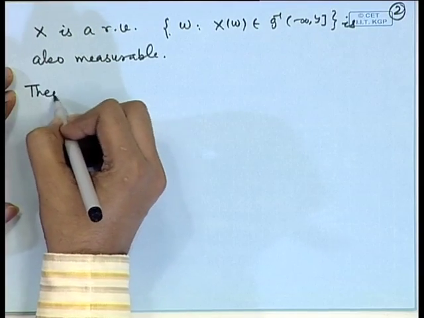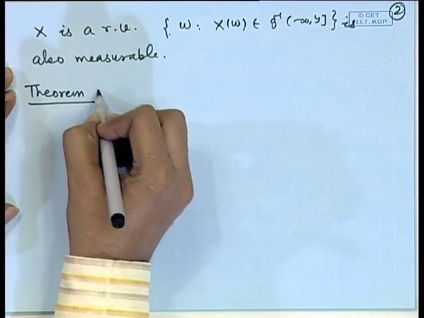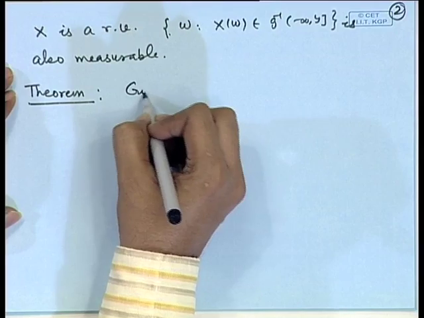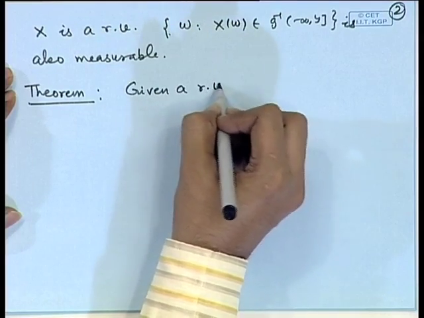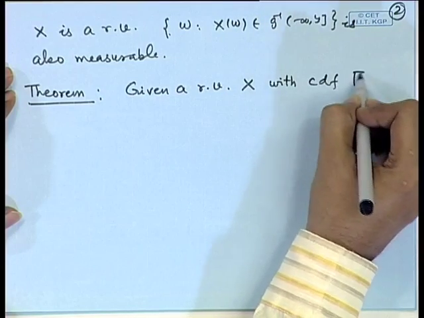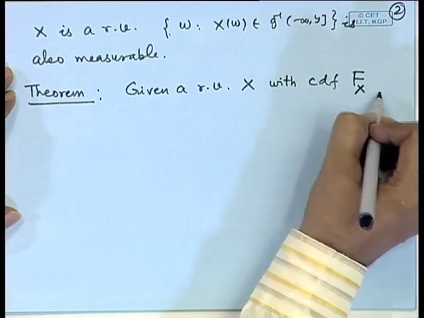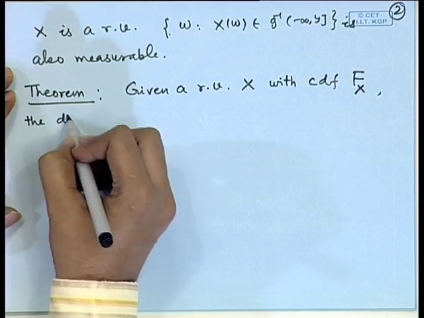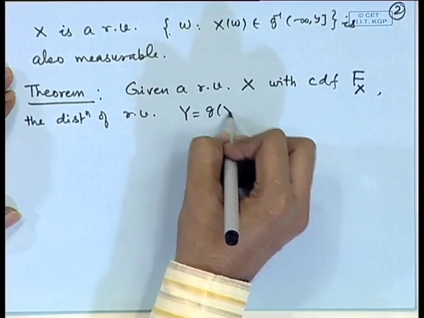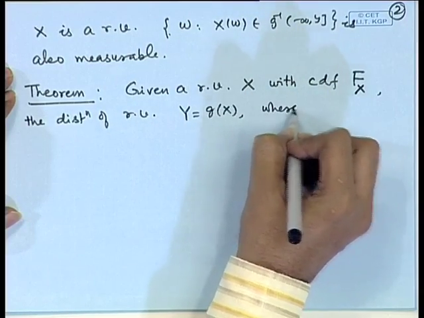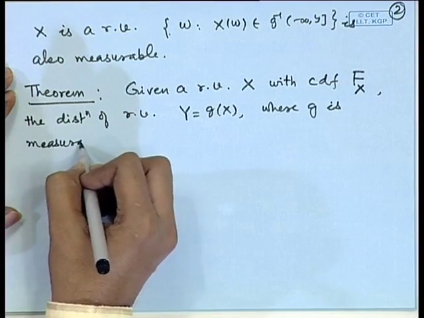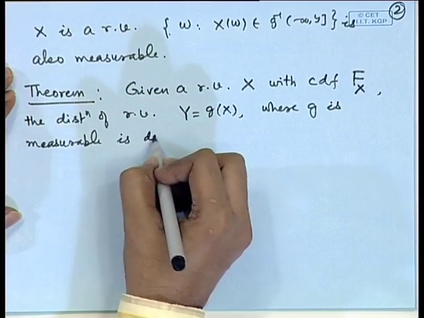Now we have to ensure that a probability distribution can be found. So, given a random variable X with cumulative distribution function say capital F, the distribution of random variable Y equal to g(X), where g is measurable, is determined.